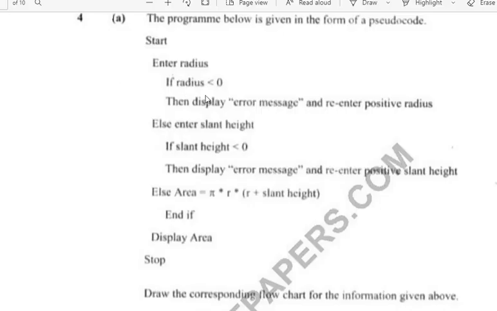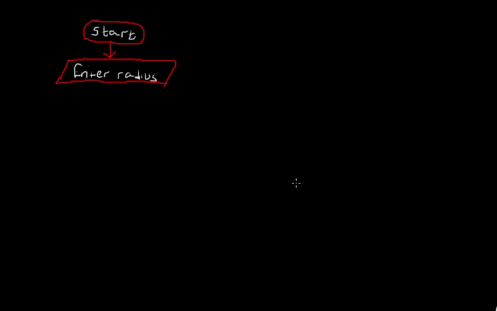According to the pseudocode, if radius is less than 0. So how do we write that? We'll have the next part, radius less than 0. And what shape will we have?